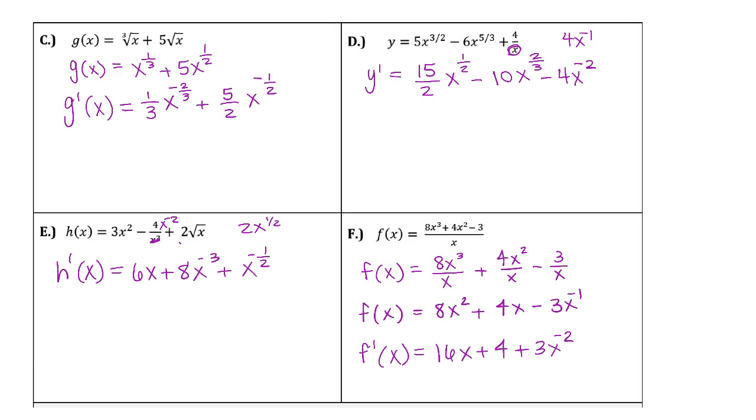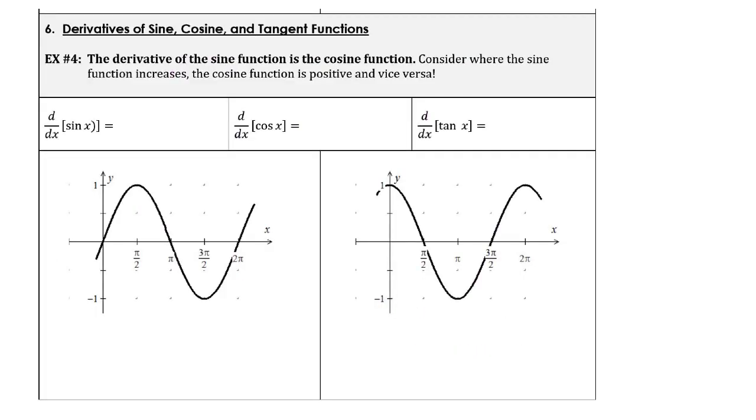Negative 2. Now, when you are finding the derivative of the trig functions, all you are doing, and please, please, please, because this confuses the snot out of people, all you're doing is changing the trig function. So if I want to find the derivative of sine of x, that means I'm going to replace sine of x with cosine of x.